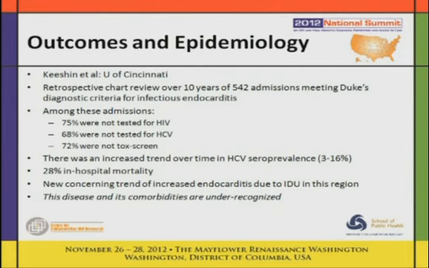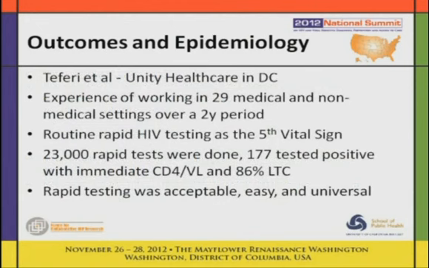What was important here is that there's been an increasing prevalence of HCV amongst those admissions, and this is probably an underrepresentation because so few were actually tested for Hep C, from 3% at the beginning of the decade to 16%. And what was striking was the in-hospital mortality, too, of 28%, and a relatively young cohort.